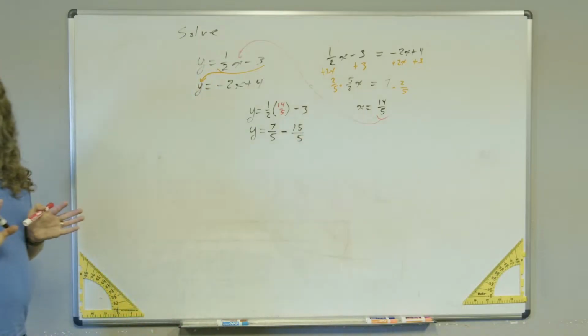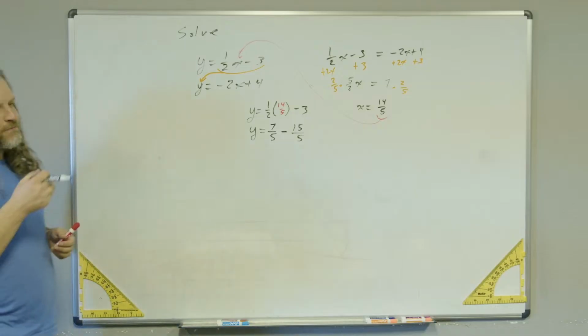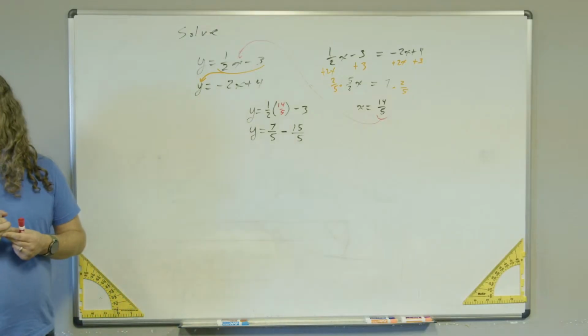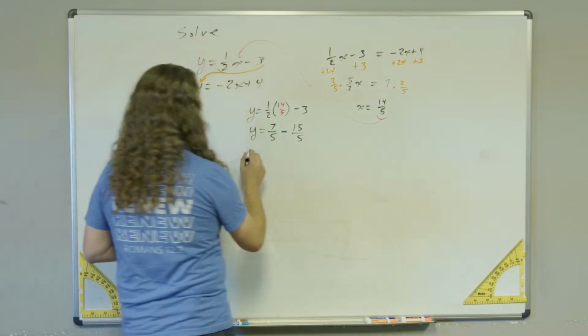You can do this using your calculator as a tool. Don't stress too much, but if we do a few things that we've known how to do for a long time, you don't even need one. All right, what's 7/5 minus 15/5? Negative what? Fifths.